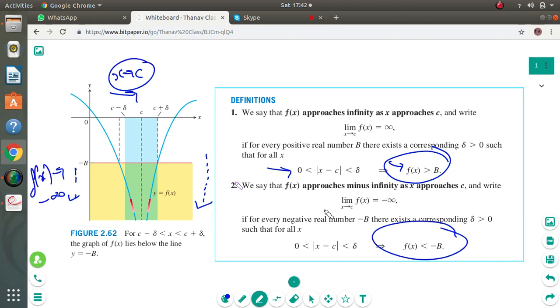If we are in this range, between this range or this range or this range, f(x) will always be less than minus b. You can see here in this range, f(x) is less than minus b.